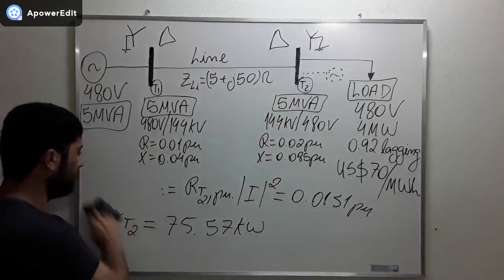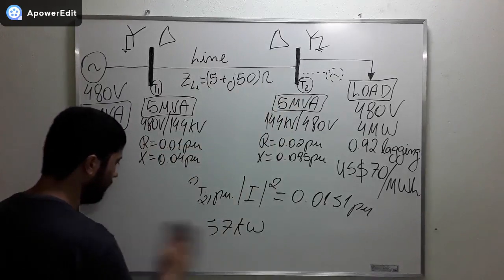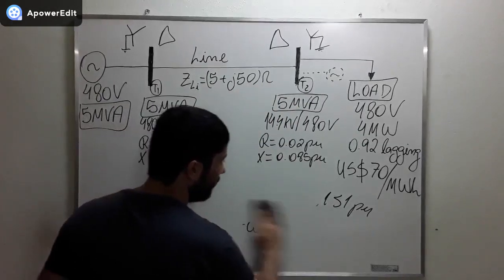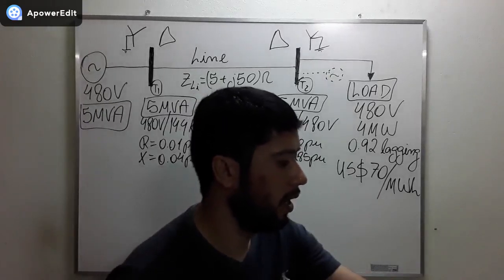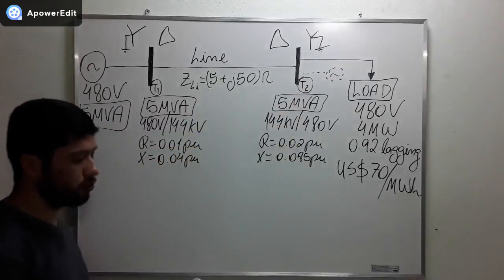So now that we've calculated the power loss in transformer number 1, the line, and transformer number 2, we simply add these values, okay? And the value that we find is the total power lost in all transmission elements.